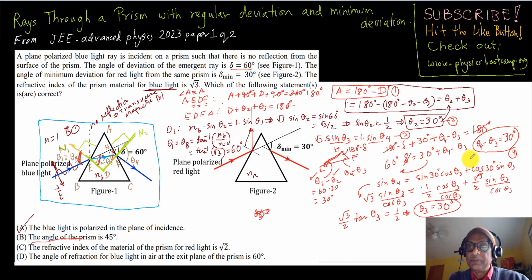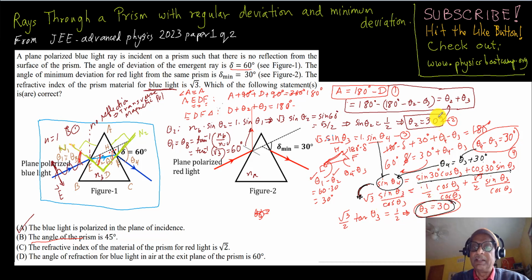First I wrote this as theta 4 equals theta 3 plus 30 degrees, and then I took the sine of both sides, and the right side expanded into sine theta 3 cosine 30 plus cosine theta 3 sine 30, and on the left side I used up this term, and so I find theta 3 equals 30 degrees after doing all of that. And theta 2 was also 30 degrees. And then these two together mean A equals 60 degrees.